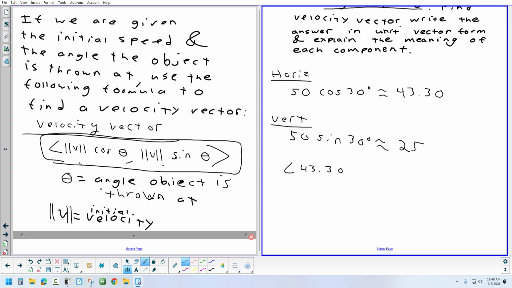It's 43.3, comma 25. But they did ask for it as unit vector form. It's in the question. How would we write this as a unit vector? 43.3 i plus 25 j. The i and j are supposed to look bold.